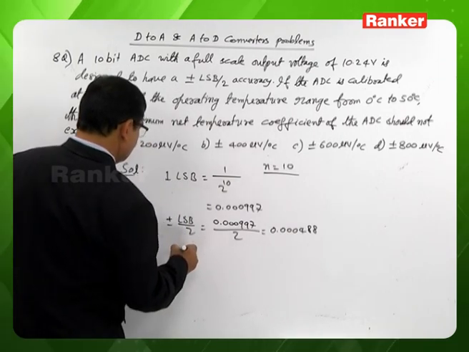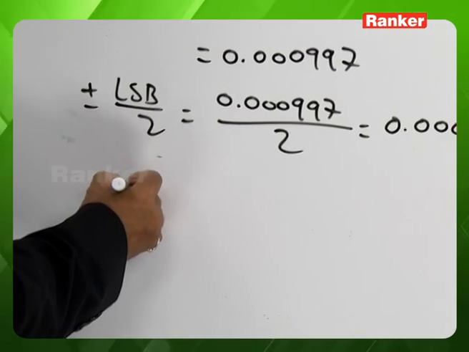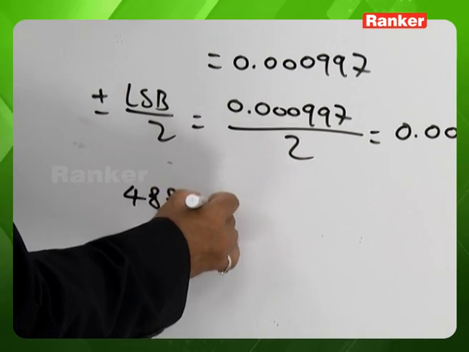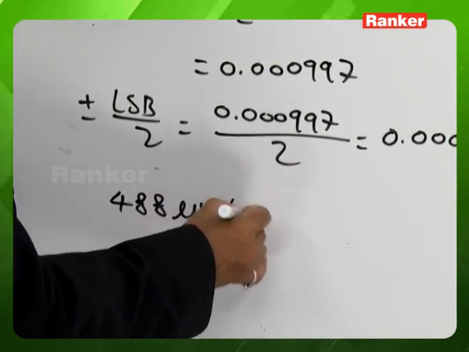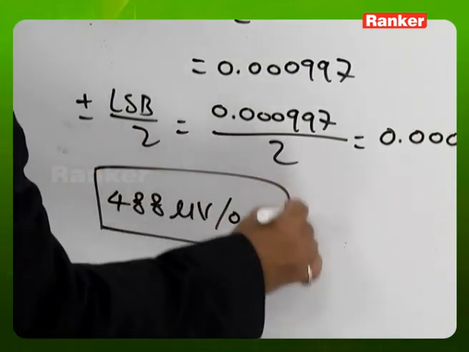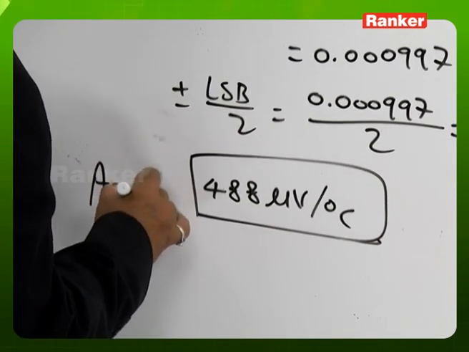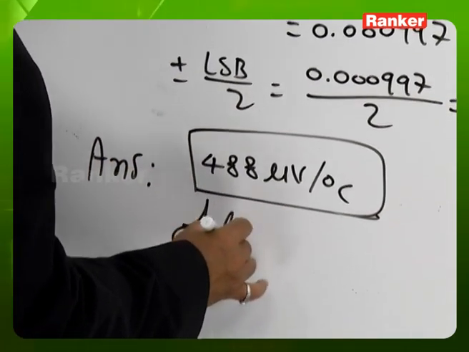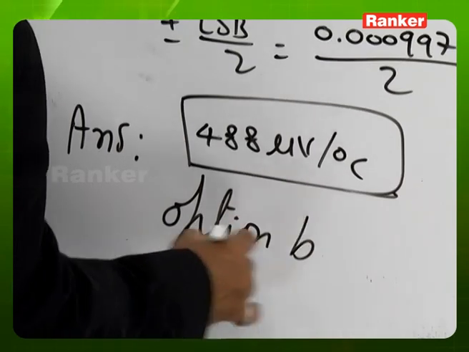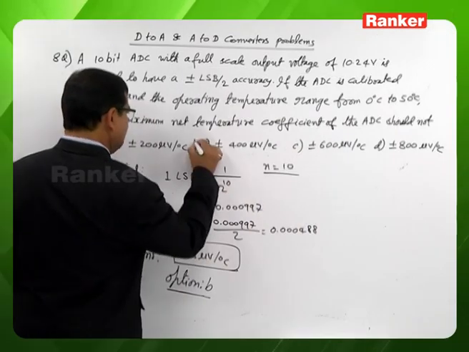So it should not exceed 488 microvolts per degree centigrade. Hence, the answer is option B.